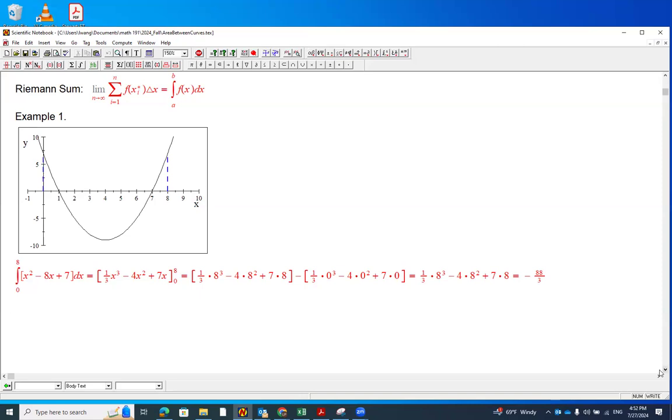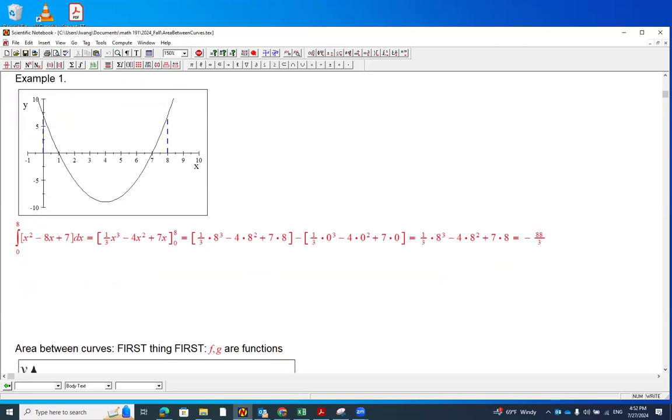We are to find the area under the curve on the interval between 0 and 8. So we have this curve, and what's the area between the curve and the x-axis?